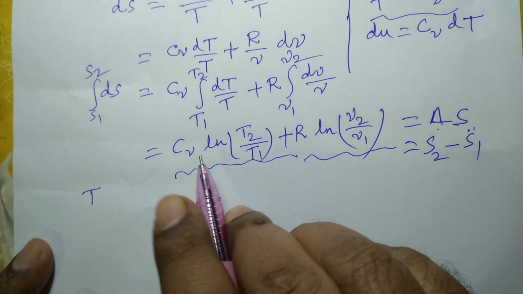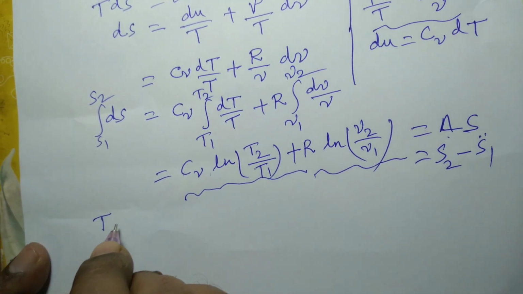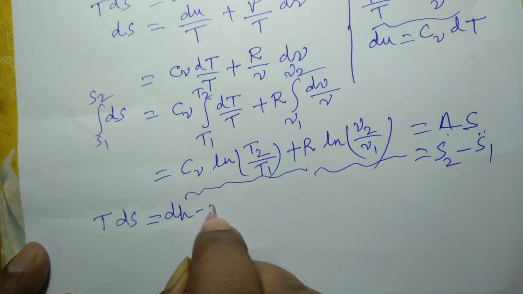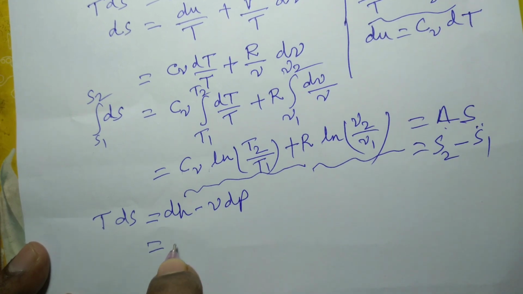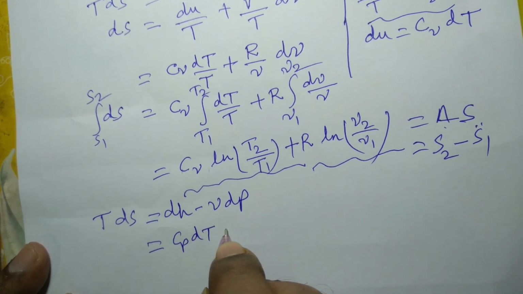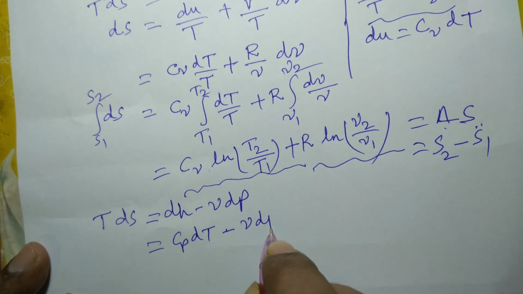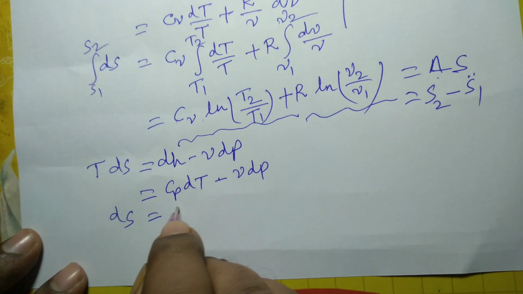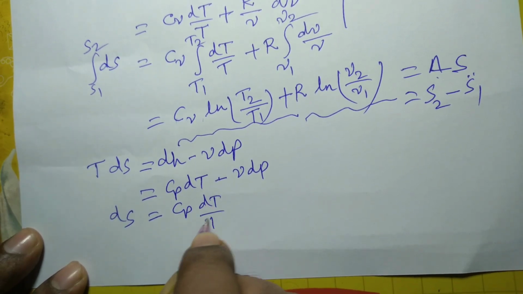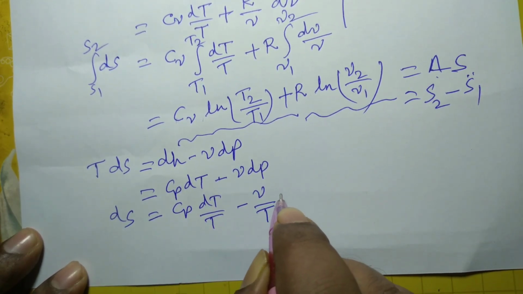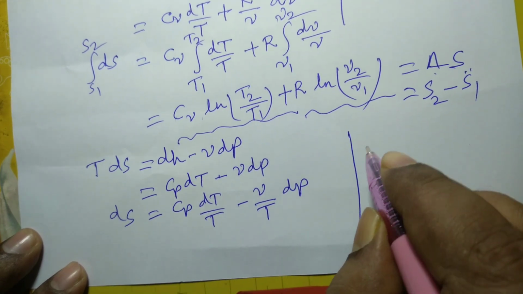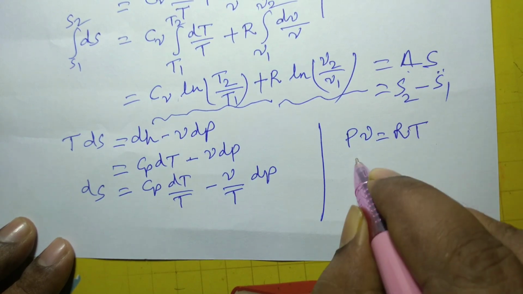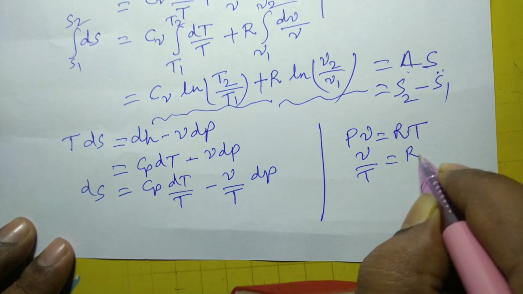If you find the formula from this property relation, for an ideal gas dH is equal to Cp dT and minus VdP, from which dS is equal to Cp dT upon T minus V by T dP. And from the ideal gas equation, PV is equal to RT, so V by T is nothing but R by P.